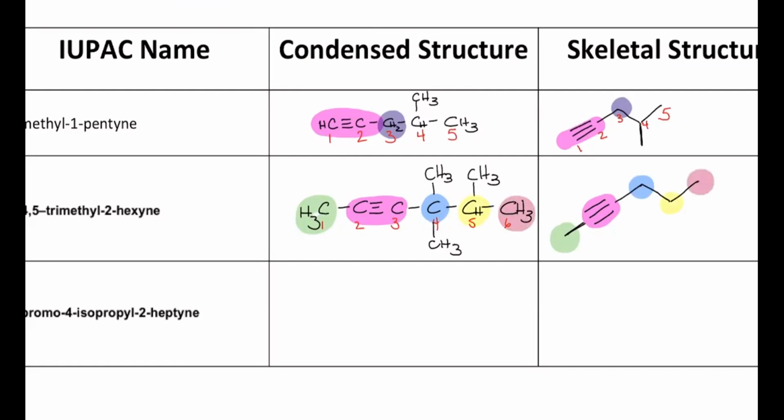The only thing missing is my CH3s, okay? On the blue atom, we have 2 CH3s. Again, the one that I labeled in blue, because the vertex is pointing up, 1 CH3, another CH3. The one that is yellow has 1 CH3 because the vertex is pointing down. That is the CH3.